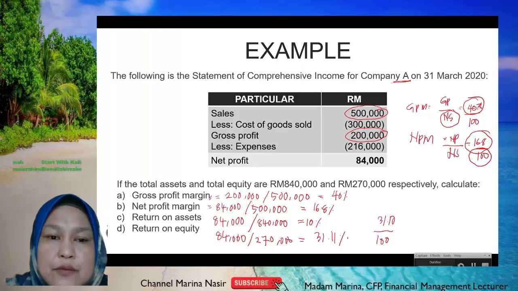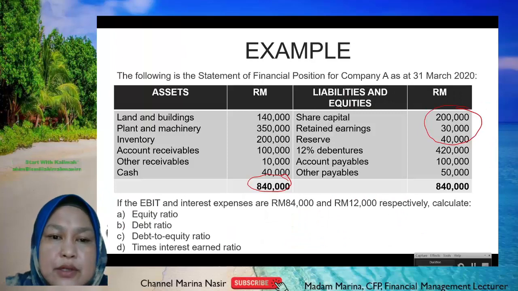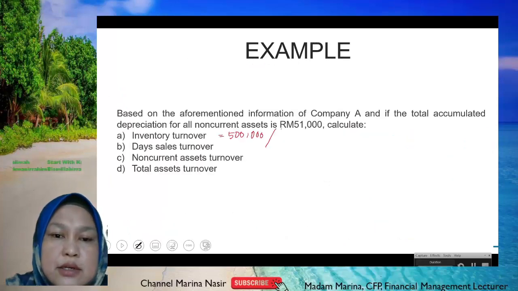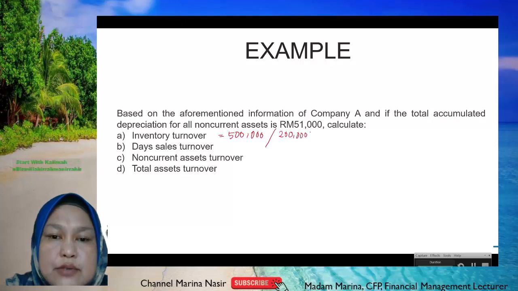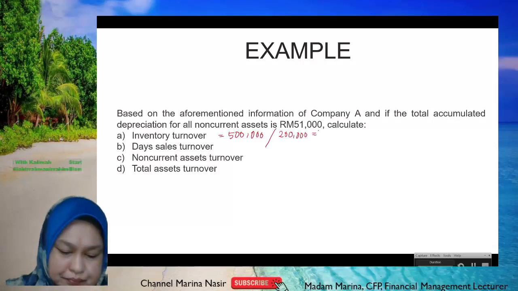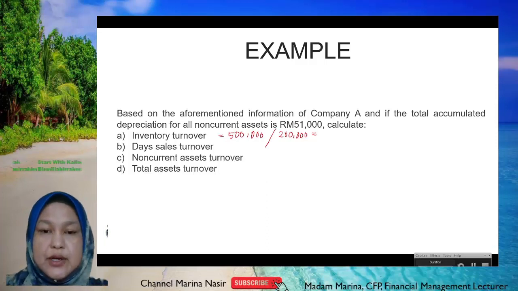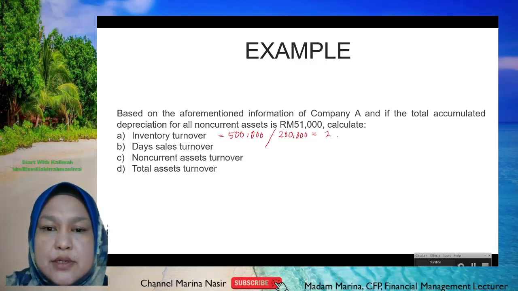Where is our inventory value? Inventory value 200,000. So 500,000 divided by 200,000 equal to 2.5 times.